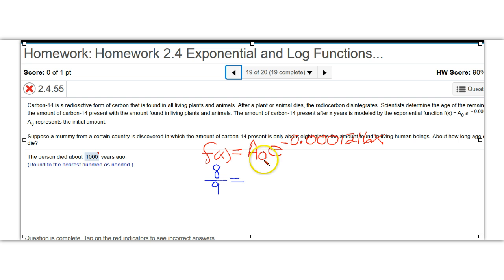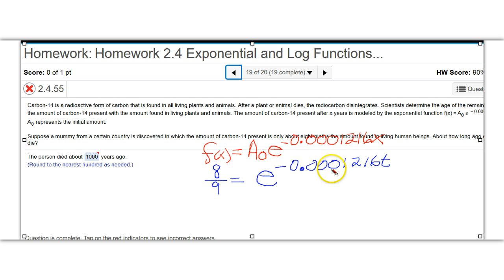Now, A sub O is like the initial value of A, the original amount, which in this case is just going to be a 1, because that's the whole. 1 is the whole, and there's a 1 here, so I don't write the 1. I'm going to put the E there, and then this: negative 0.0001216. And in our other lecture, we had a T there for time. They're using an X, but T is fine too.